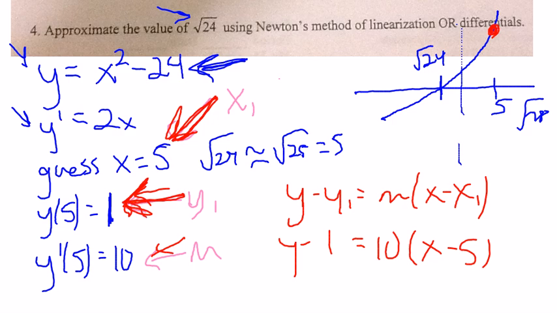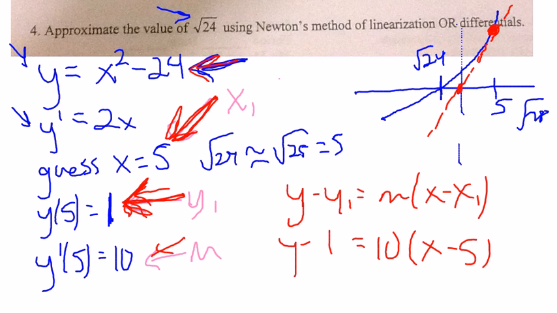Now what I did was I found the equation of this tangent line like this, because I took the slope of the blue line, which is this guy, at that point right here. So what Newton's method of linearization does is it looks at where this dotted line hits right there.